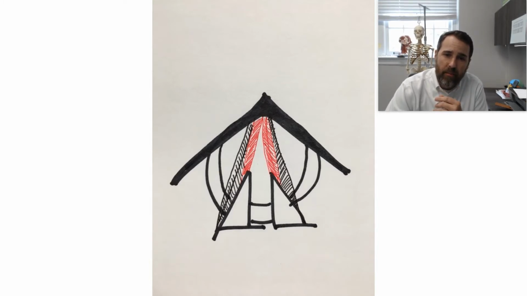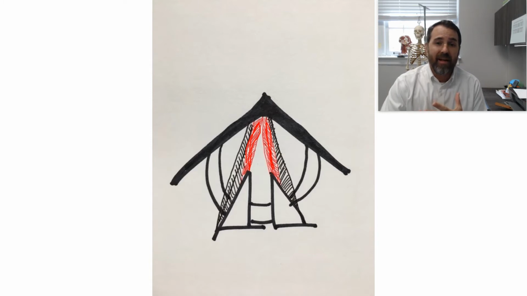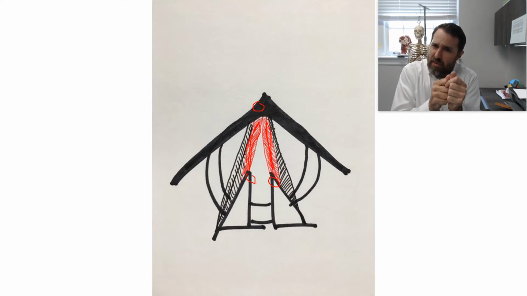The thyrovocalis is known as a tensor of the vocal folds. So think of the thyrovocalis as basically being the vocal folds. If they run from the thyroid cartilage back to the tips of the arytenoid cartilages, and that muscle contracts and shortens, it's going to tighten itself.